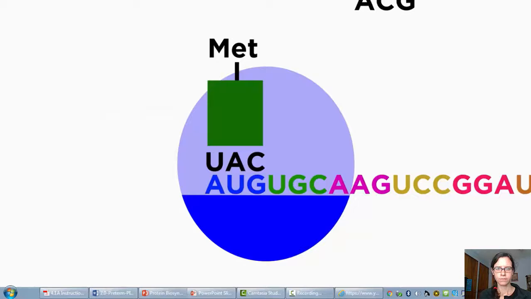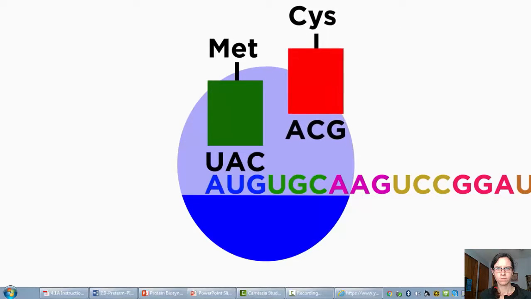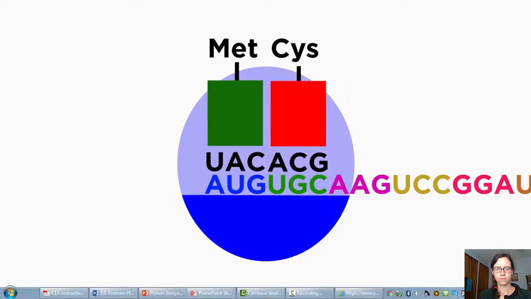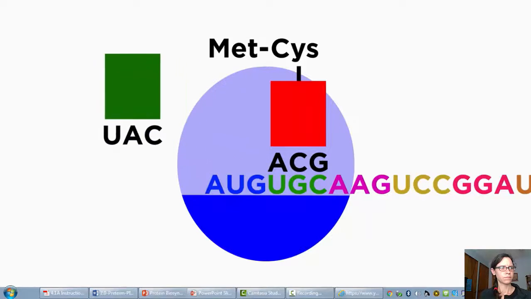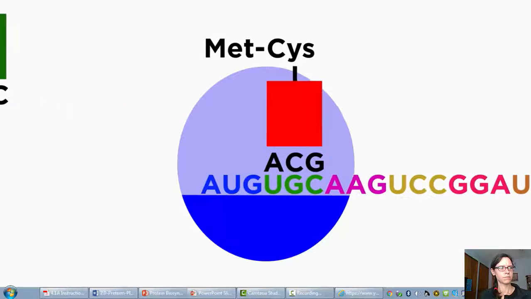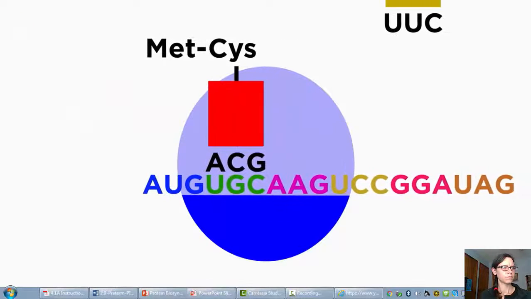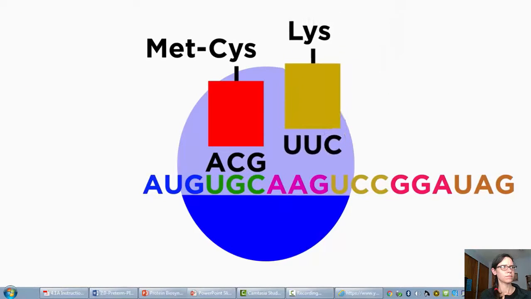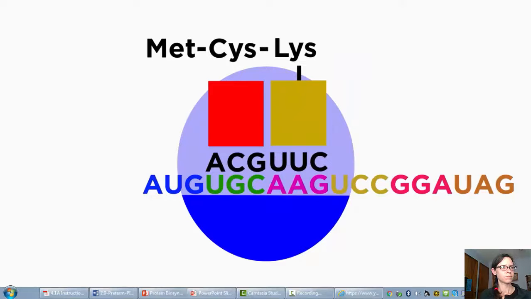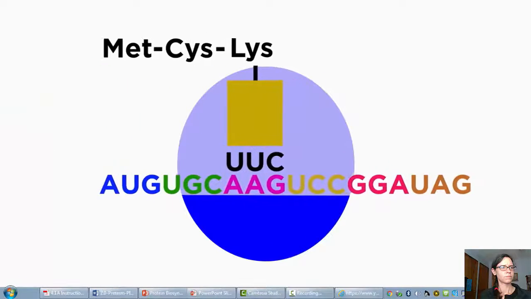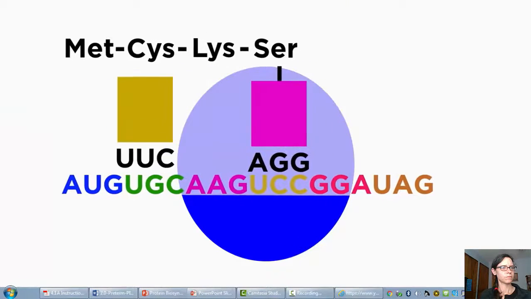Then the tRNA that corresponds to the next codon after the start codon will enter the ribosome. This will carry with it an amino acid, which becomes covalently bound to the methionine from the initiator tRNA. The first tRNA detaches and leaves the ribosome, which has shifted over, making room for the next tRNA. The new amino acid links to the first two, and this process continues all the way down the mRNA.